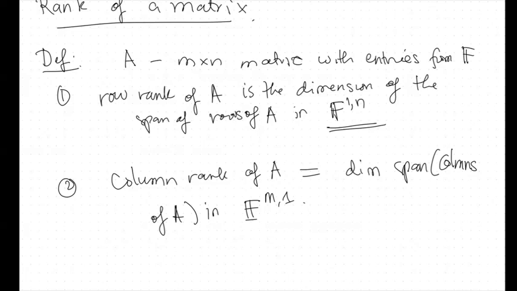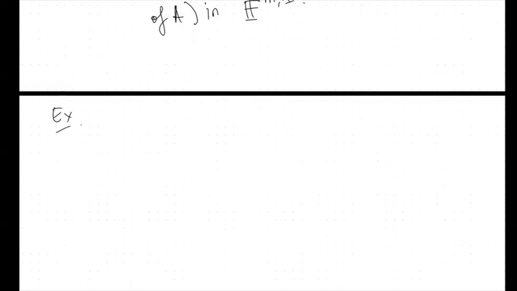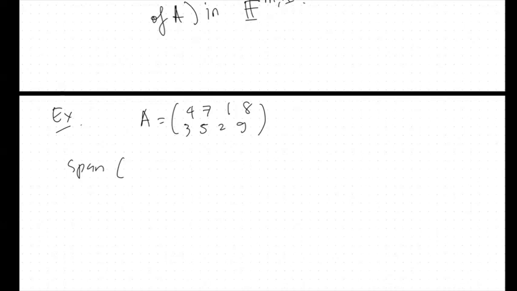Okay, let us give an example. We get a matrix with rows 4, 7, 1, 8 and 3, 5, 2, 9. The span of our rows is the span of (4, 7, 1, 8) and (3, 5, 2, 9), in F^(1,4). The 1 here means only one row, and there are 4 columns.